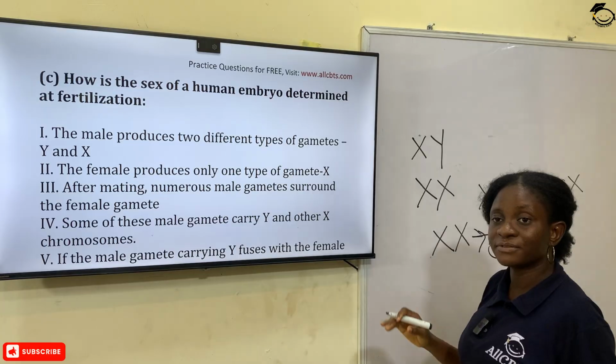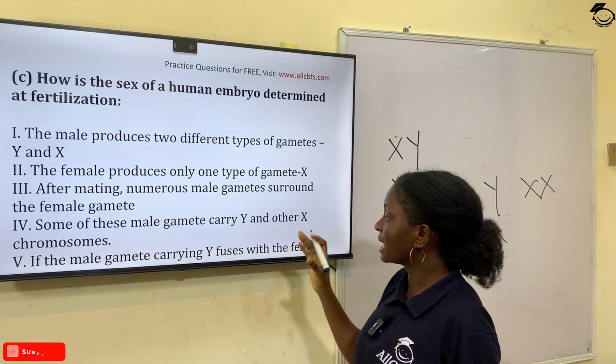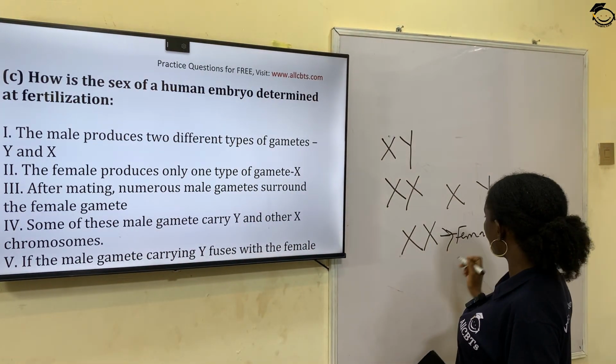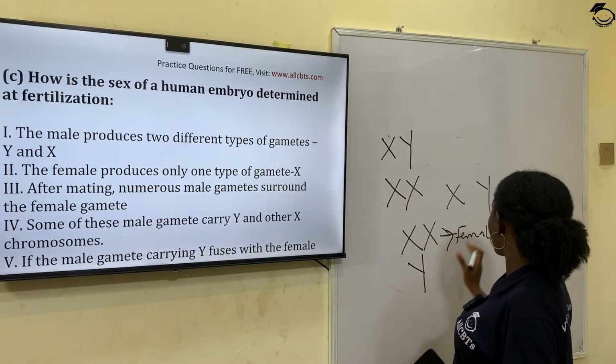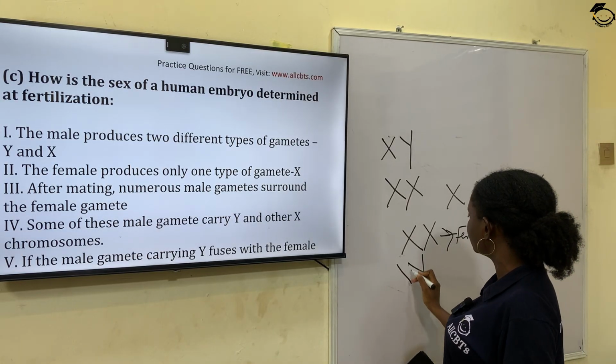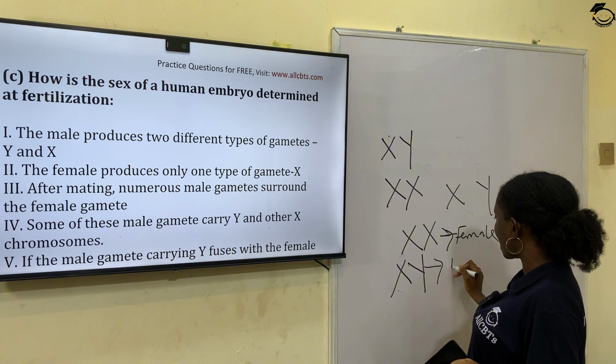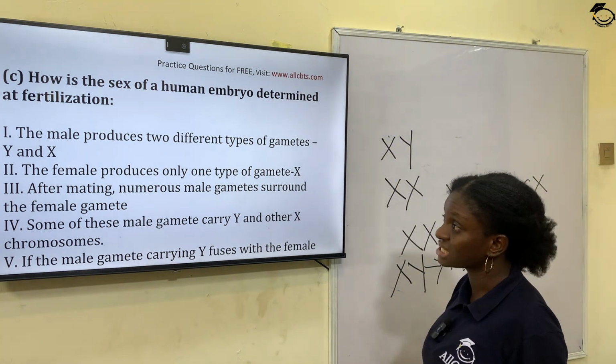But if the male gamete carries the Y, releases the Y and the X from female, that means the child will be male. So it's as simple as that.